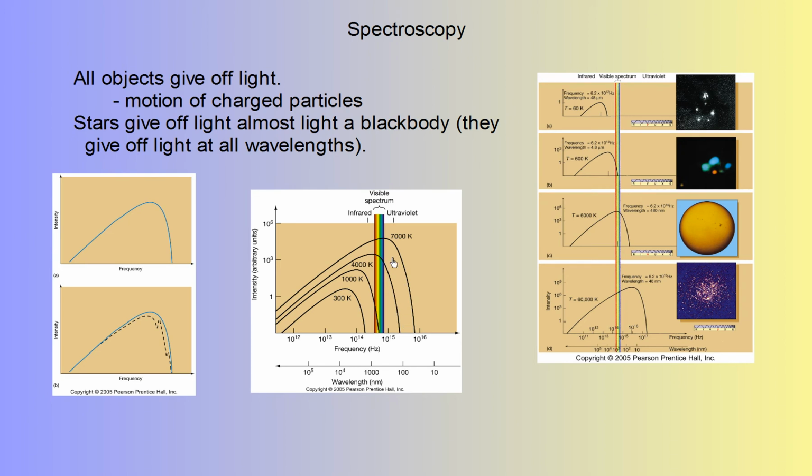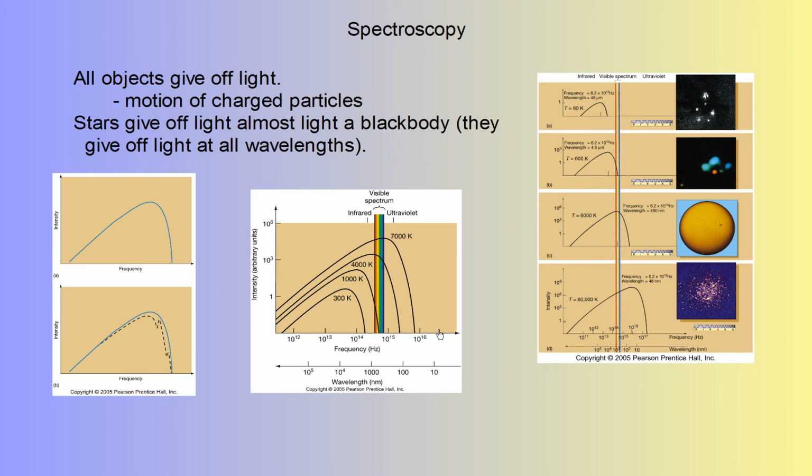So for example, our sun, which is about 5,800 to 6,000 degrees at the surface, would be a curve somewhere between these two. If you follow my pointer, something like that. So you can see it definitely gives off visible light, which is why we can see the sun, but it also gives off infrared and microwaves, radio waves, and ultraviolet, maybe some X-rays.